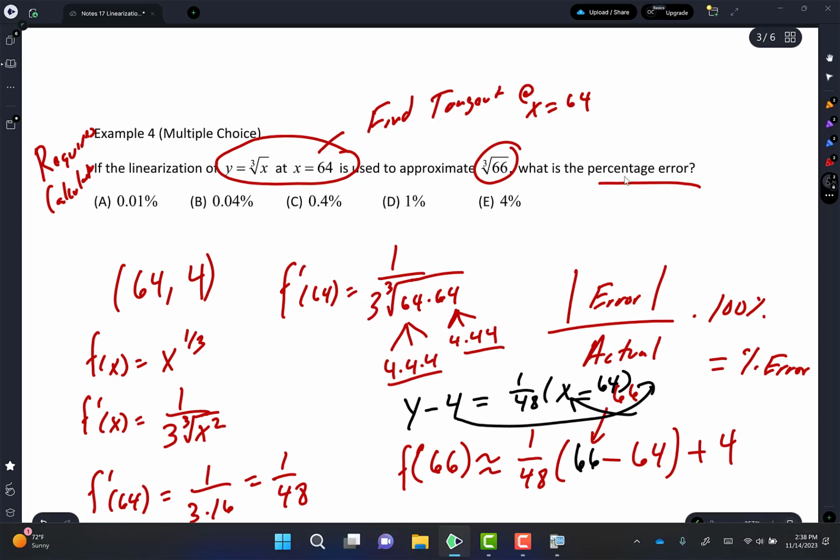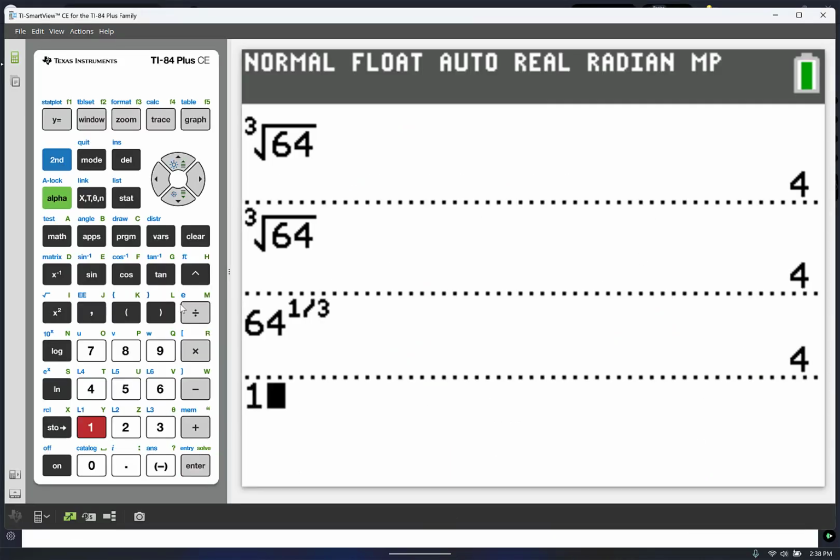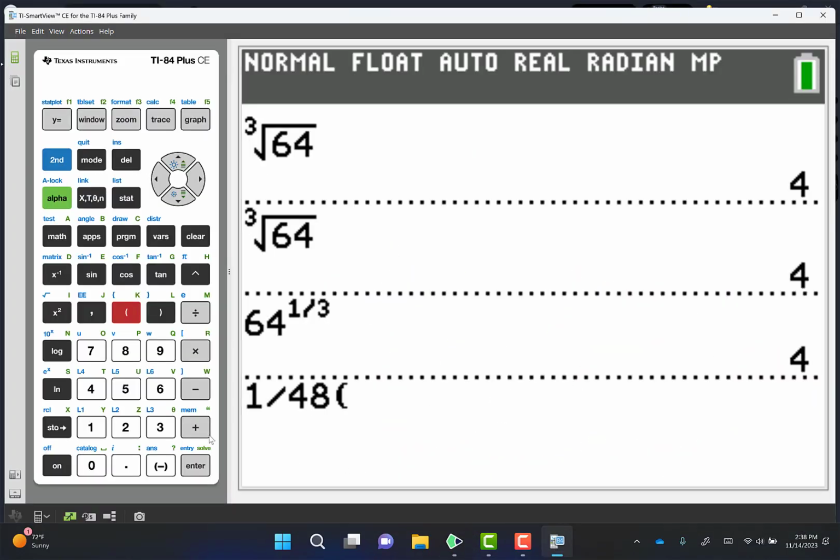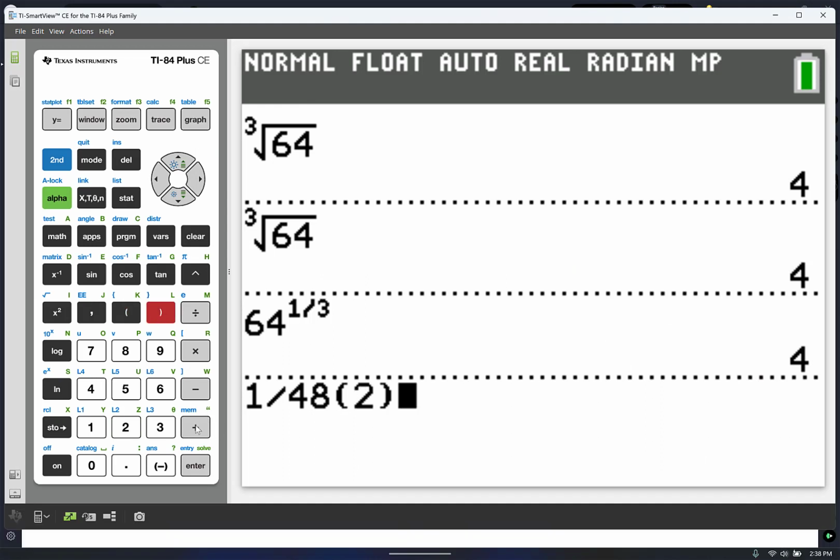Now, this is not the answer, because they want % error. So I'm going to write 1 over 48, parenthesis, 2 plus 4.